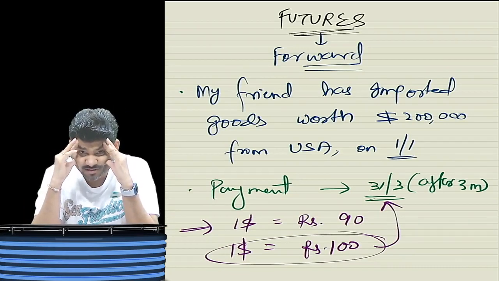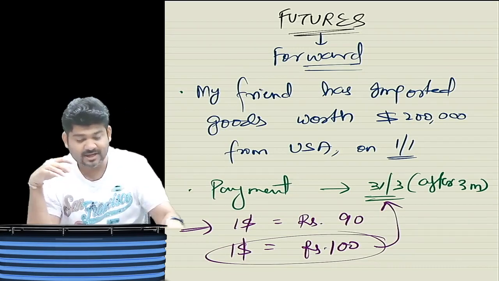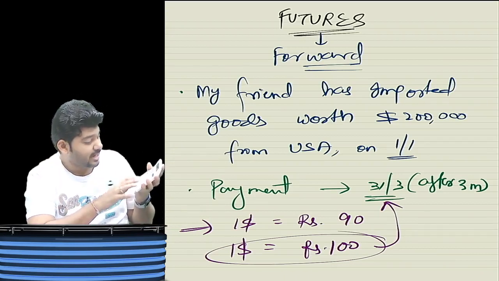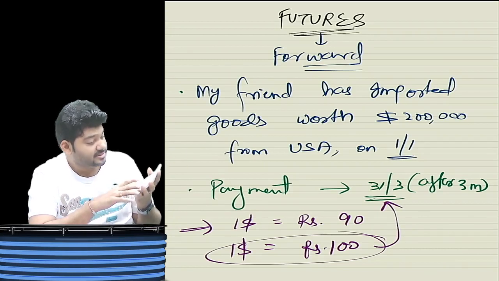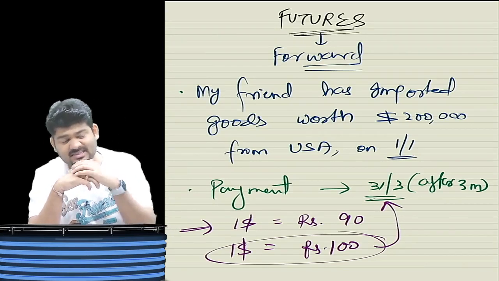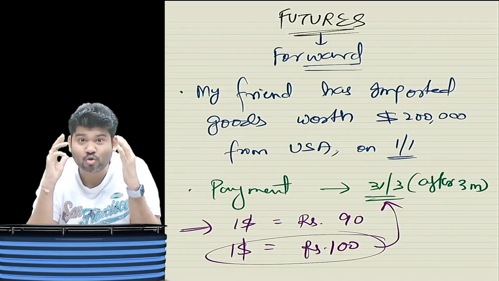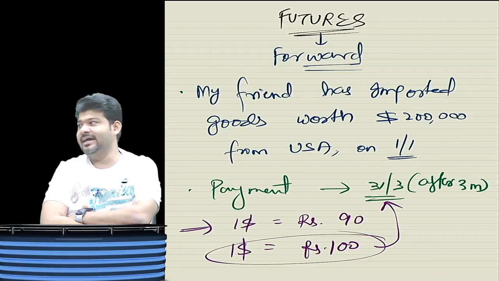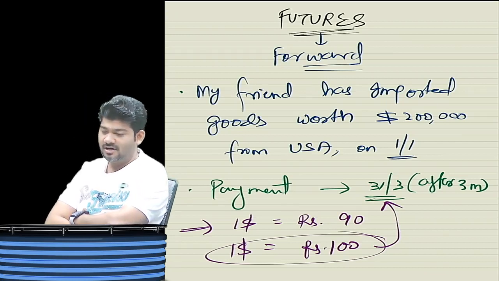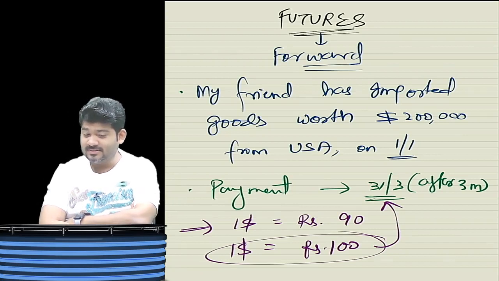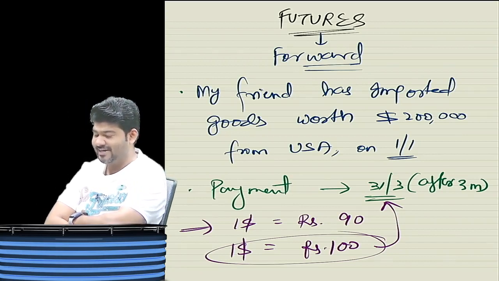Then I will have to pay more. Today, 2 lakh into 90 is 1 crore 80 lakh, but if it increases in 3 months, I will have to pay 2 crore rupees. Now what do I do? I'm not able to understand, feeling very dejected. So this is the conversation between you and your friend.